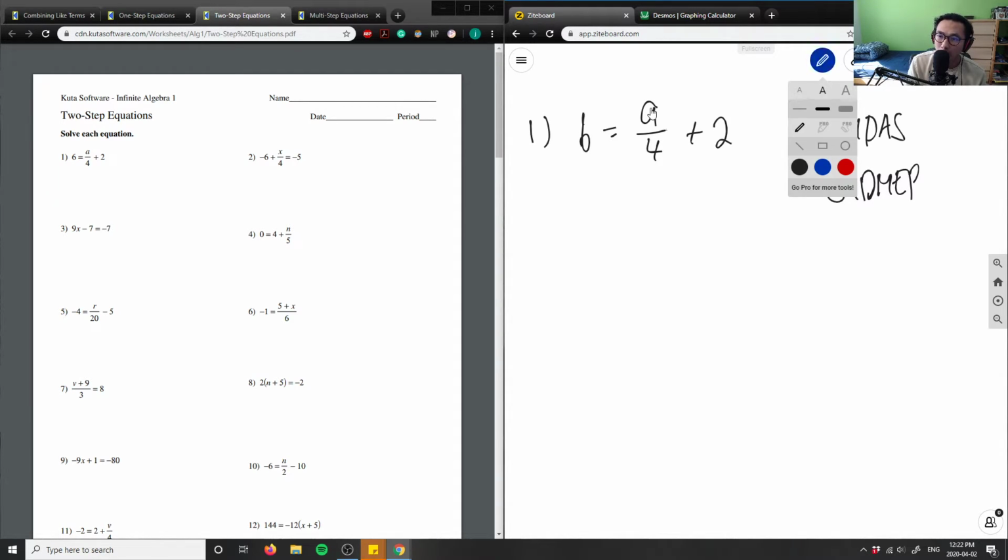This is only for when we're isolating. So when we're isolating variables, we would have to use the reverse operation. So I'm going to delete this, but what that means is I'm going to have to do addition and subtraction first, and then multiplication and division, and then exponents, and then parentheses. So that's what we're going to have to do. We do them in reverse order.